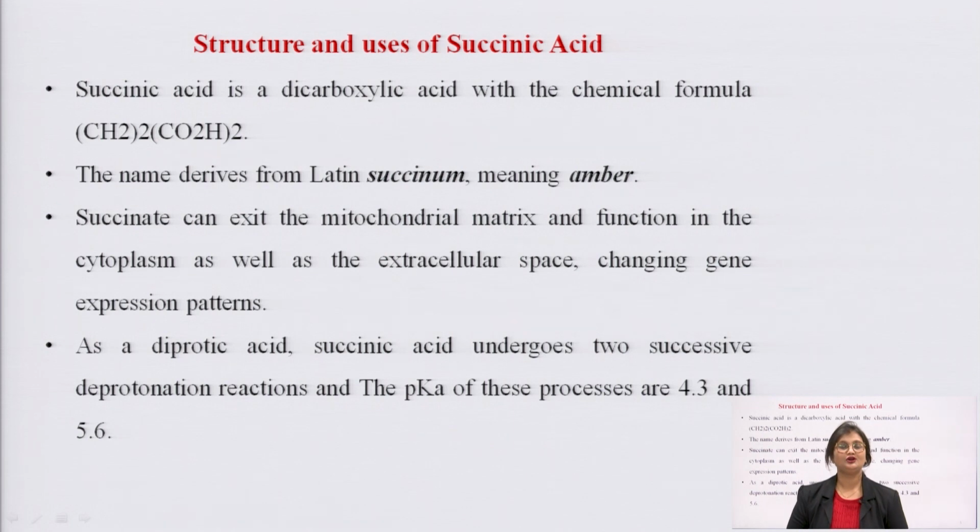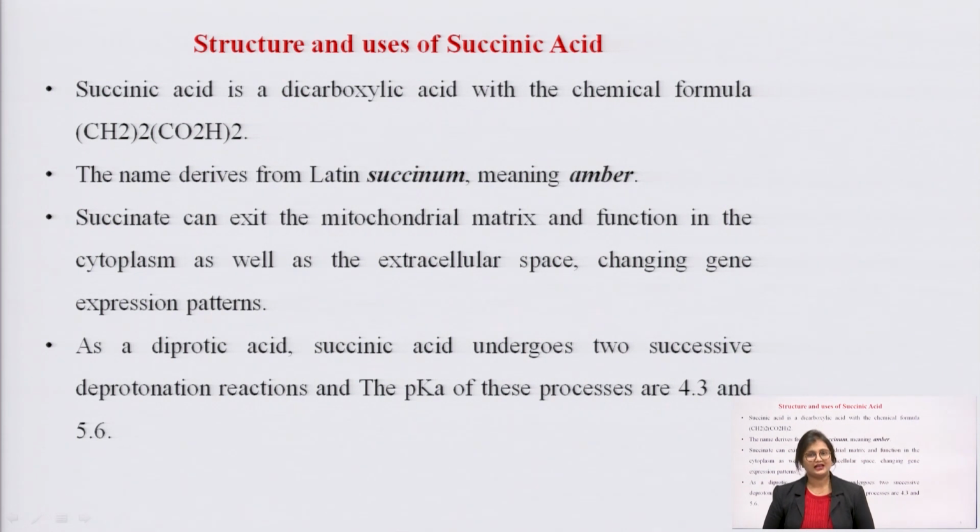Okay, so today's first compound which we are going to discuss is succinic acid. We shall understand the structure of succinic acid, a few physical parameters, a few chemical properties, and most importantly the uses of succinic acid.